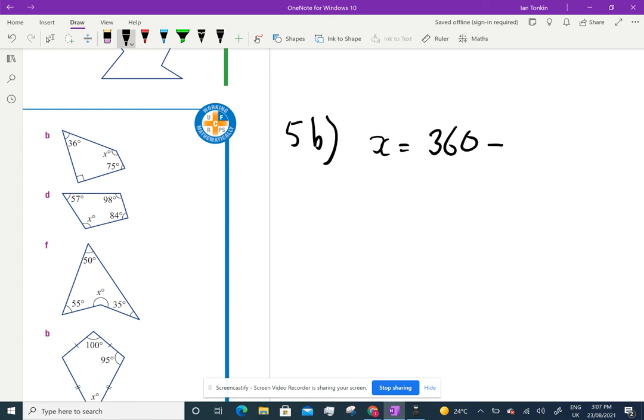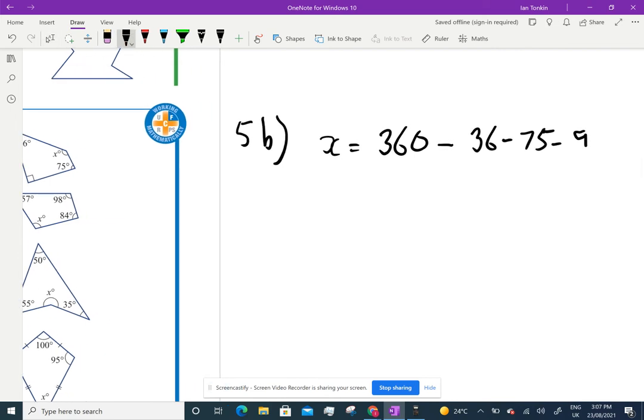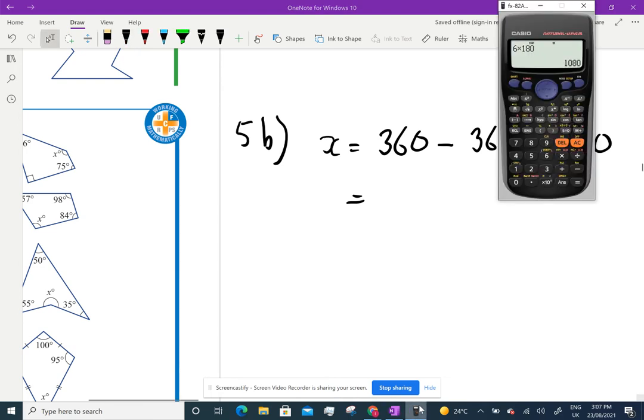So 360 minus 36 minus 75 minus, what's that other angle? It's 90 degrees. It's a right angle. And again, calculator, 360 minus 36 minus 75 minus 90, 159.